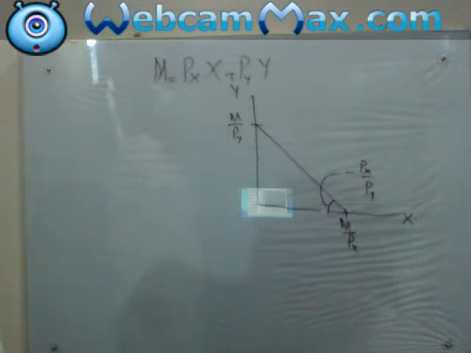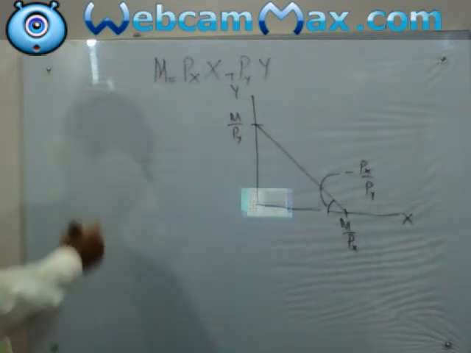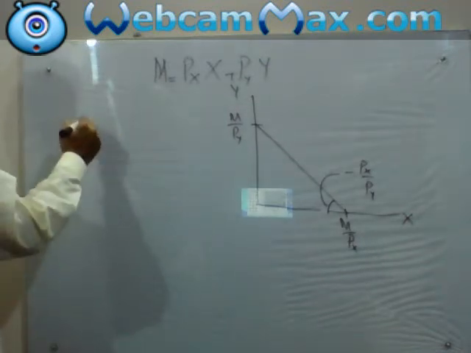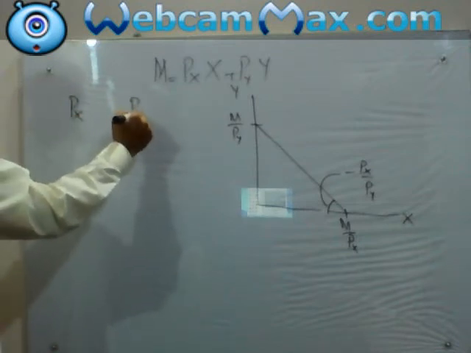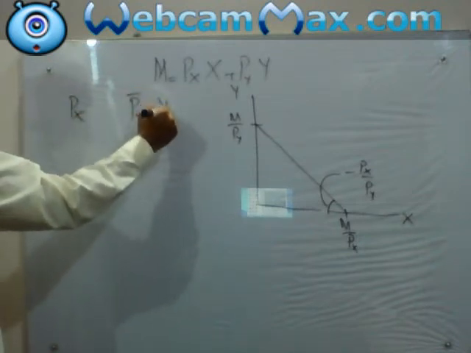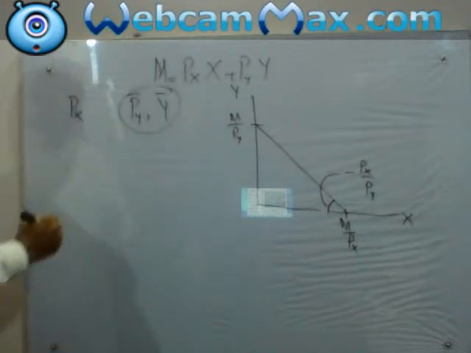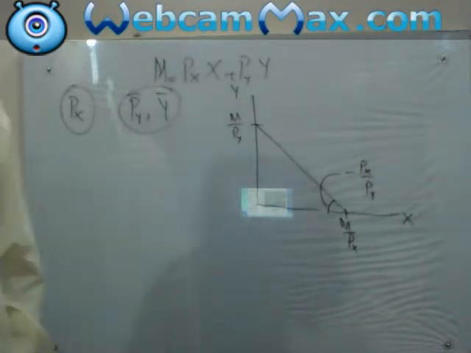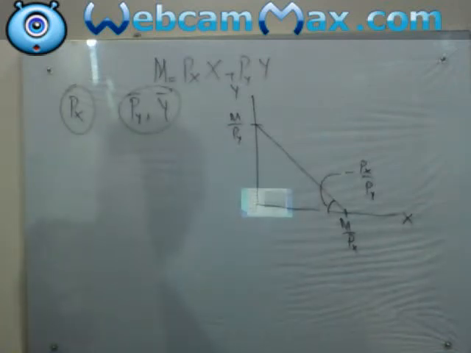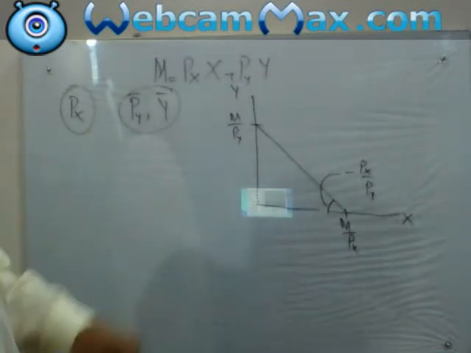Now when we are allowing the changes in the price of x while keeping income and price of y constant, only the price of x changes, then it has two effects on the budget line.